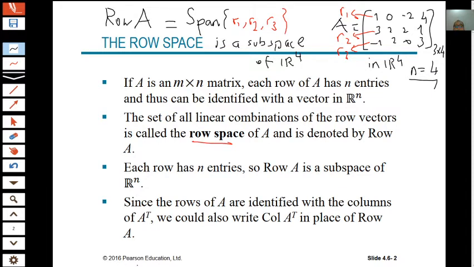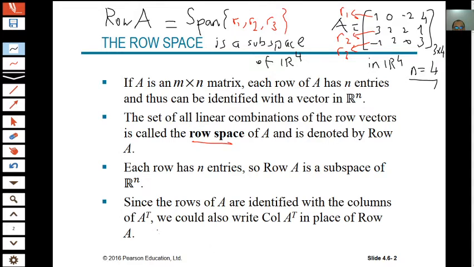And since the rows of the matrix A are identified with the columns of the transpose of the matrix A, we could also write column space of the transpose of the matrix A in place of row space.